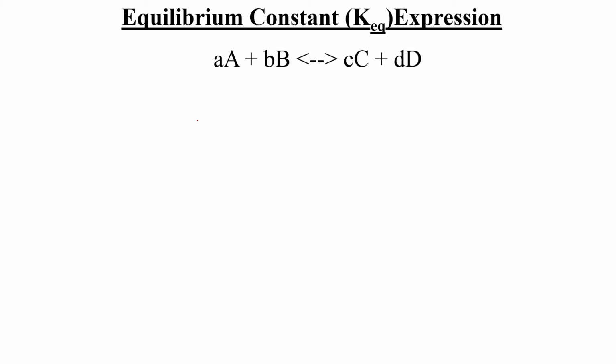So K equilibrium shows the relationship between the equilibrium concentrations of reactants and products. We will start with the definition of dynamic equilibrium, which is that an equilibrium state is achieved when the rate of the forward reaction becomes equal to the rate of the reverse reaction at a set temperature.